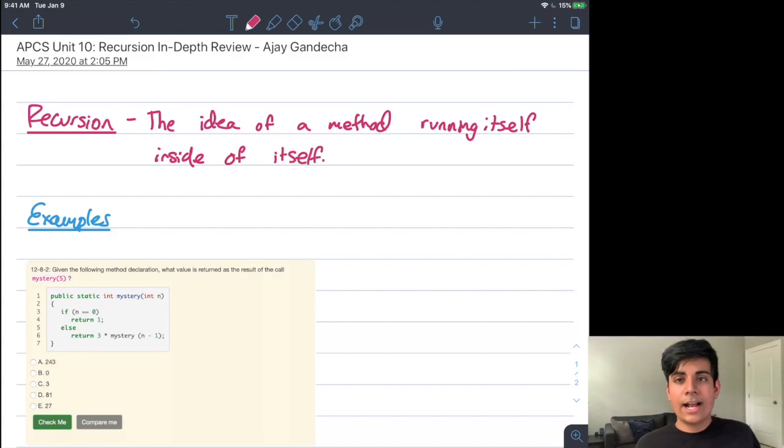Now you may be wondering, what am I actually saying here? What does this mean? Running a method inside of itself, or running the same method inside of itself.